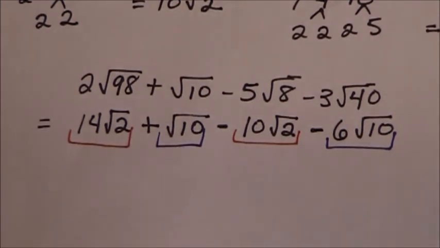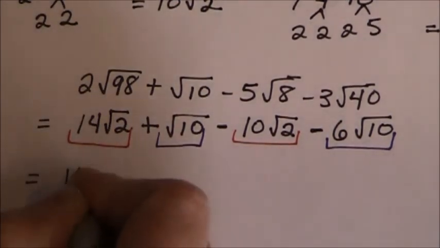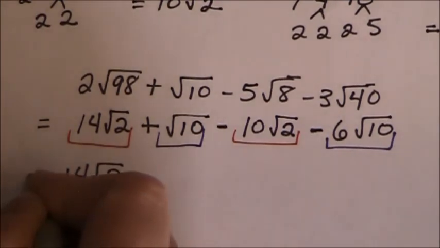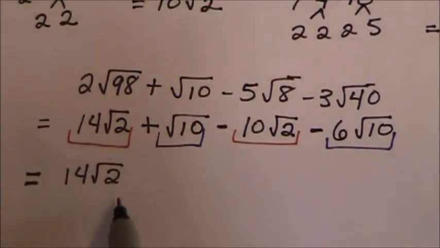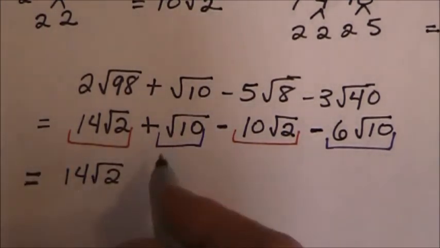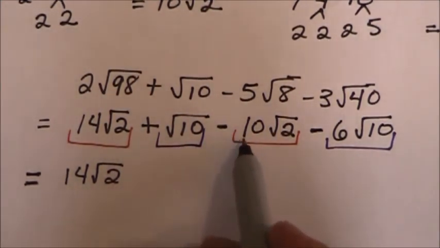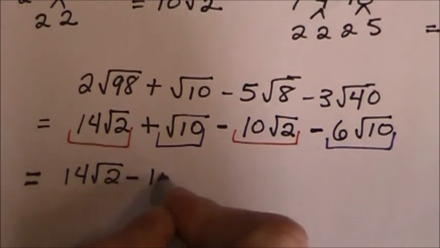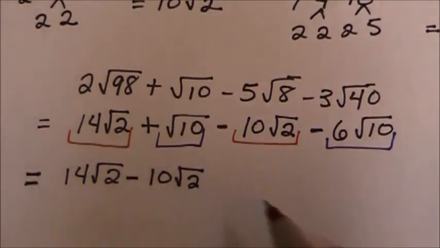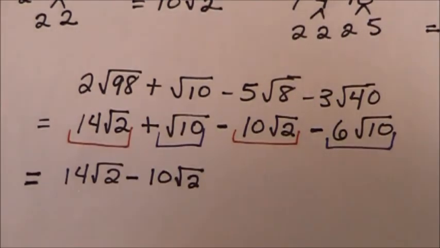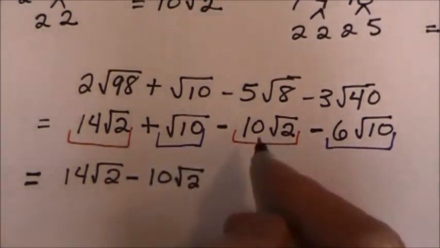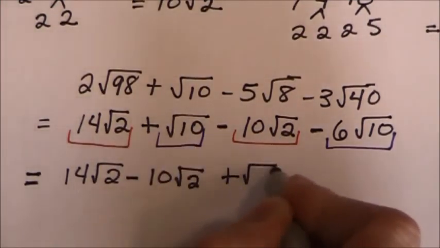So if we look at it, we have 14 square root 2. If I put the other square root 2 right after it, that would have been our 10 square root 2. We have the minus sign in front of the 10. So we're going to go minus 10 square root 2. And then looking at our next one, we have our plus square root 10. So plus square root 10.